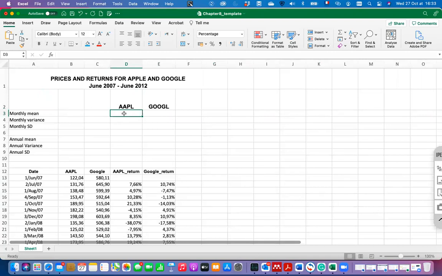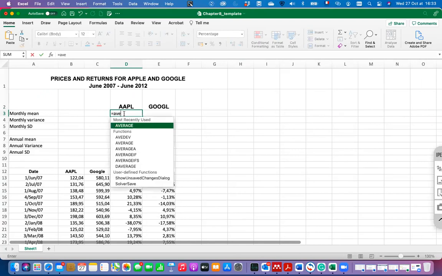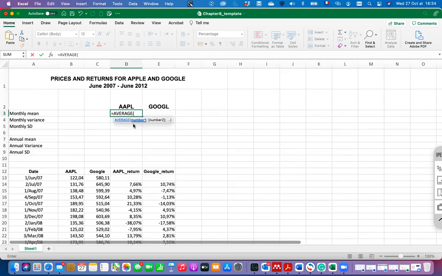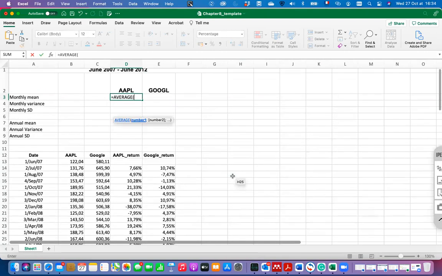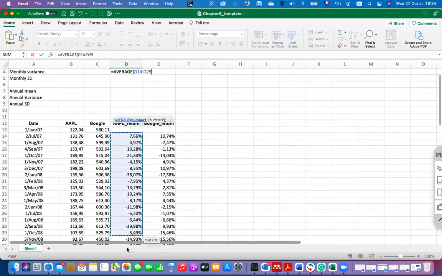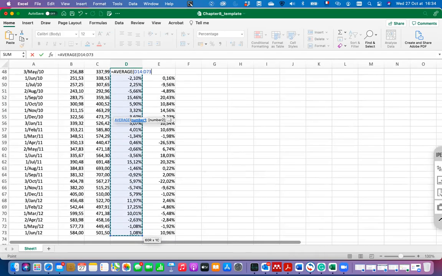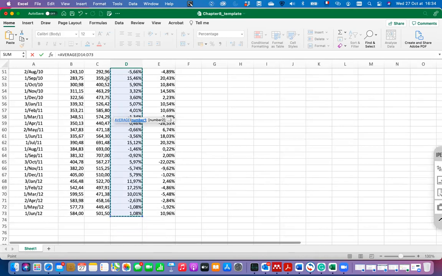Now for the monthly mean or the average, it is simply equal to, see, I can use the average function already used by Excel. I have just to select the data for Apple returns. Mean return. Average.